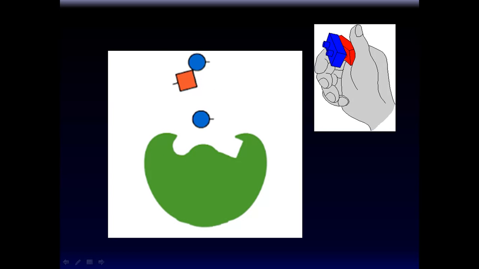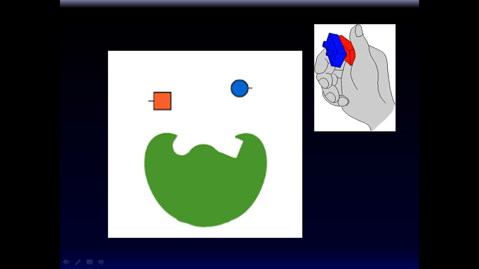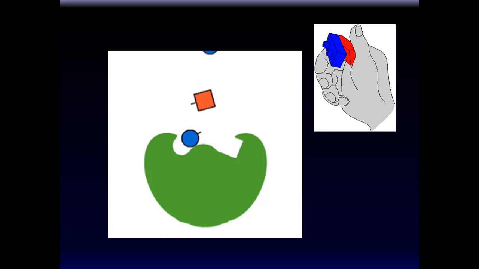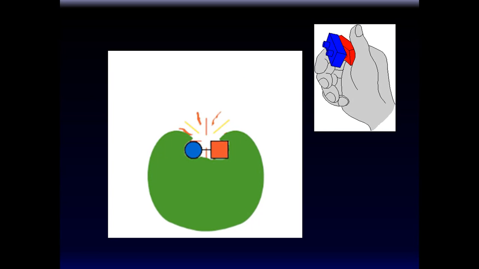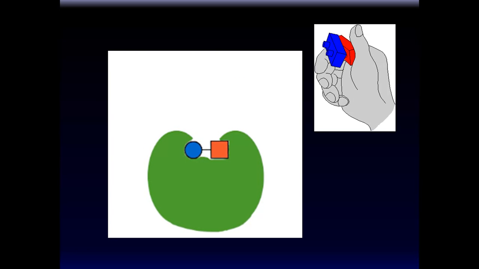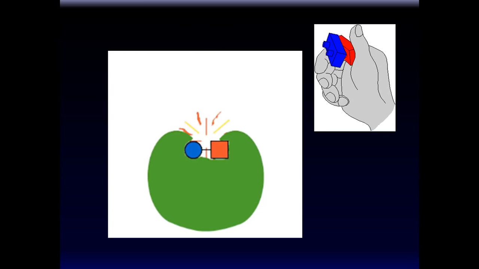See, for two molecules to come together and make one molecule, sometimes, let's say two molecules are bumping into each other, okay? If they bump into each other, it doesn't mean that they're going to react. They have to bump into each other with a lot of force, okay? So sometimes they need to bump into each other with some force, for example, and then they will react. So the fact that they bump into each other doesn't mean they're going to react.